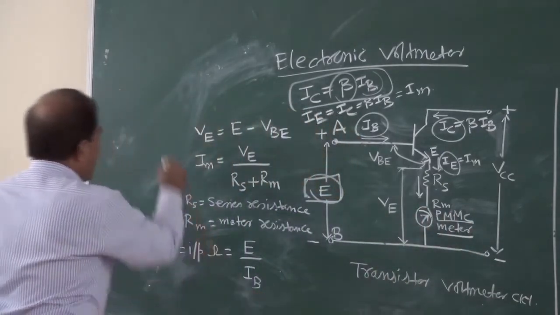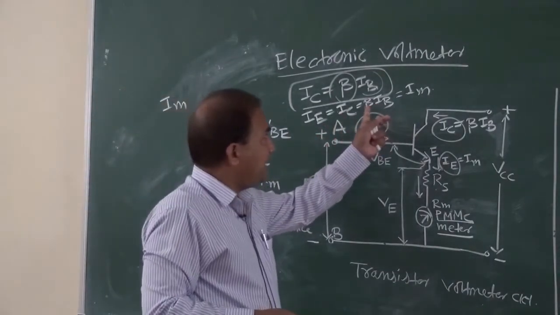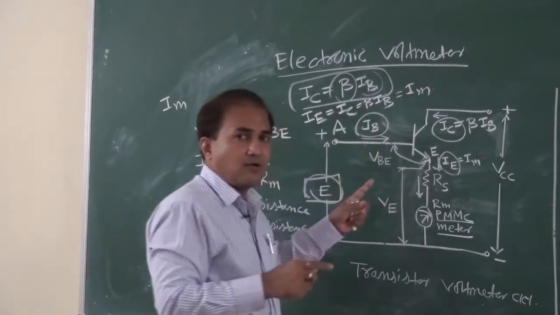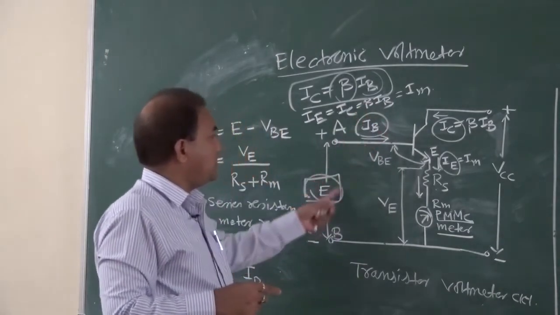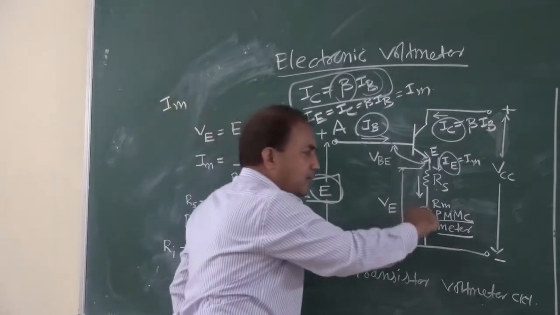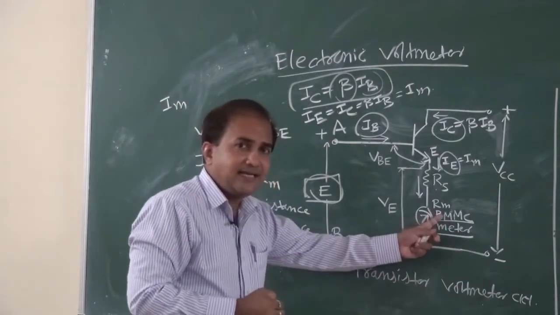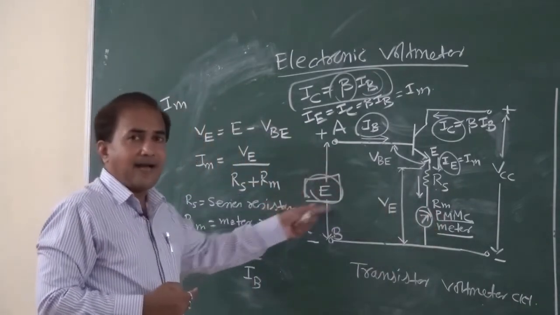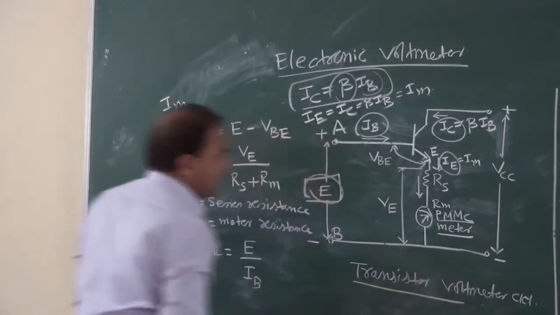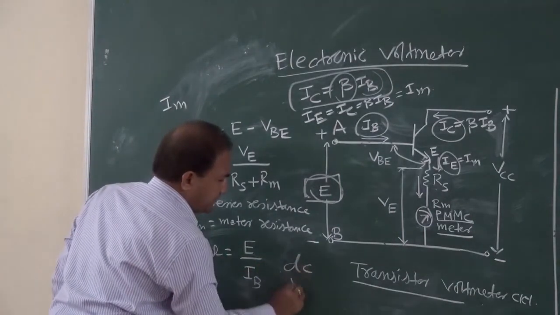So we can see that IM is proportional to beta IB, and this current is proportional to this voltage E. So we can say that the pointer movement in the PMMC meter is proportional to the applied voltage. This transistor voltmeter circuit is used for the measurement of DC voltage.